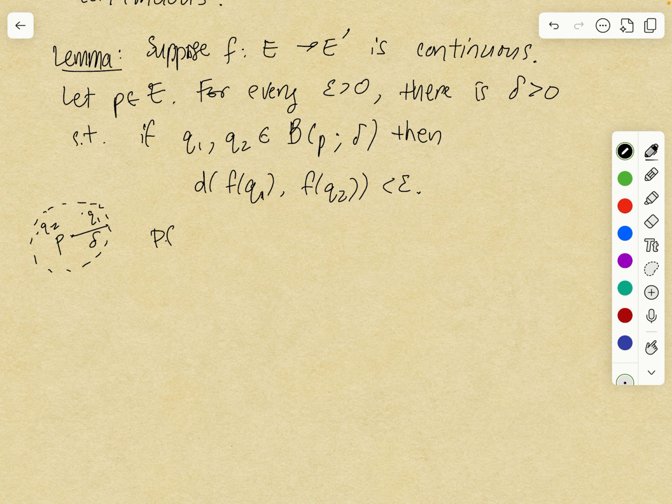So the proof of this lemma is, well, let epsilon be greater than 0.